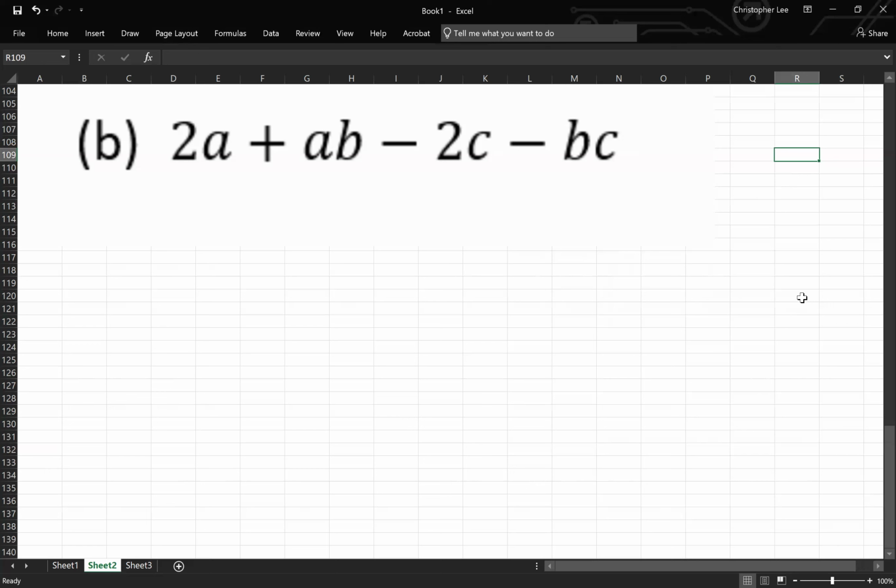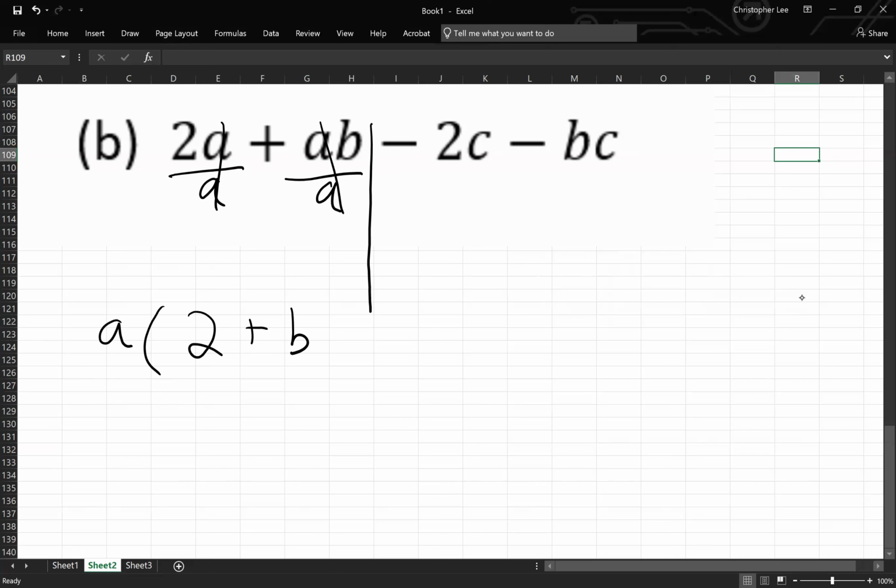I have a left-hand group and a right-hand group. For my left-hand group, which is 2a plus ab, what's my greatest common factor there? Good. Now remember, whenever you factor out a, it's like you're dividing by a. What's left over? 2 and then plus b.